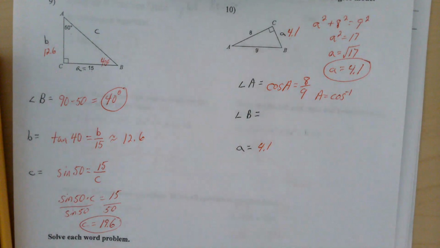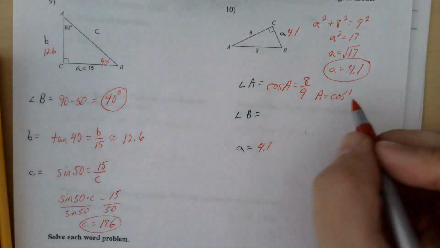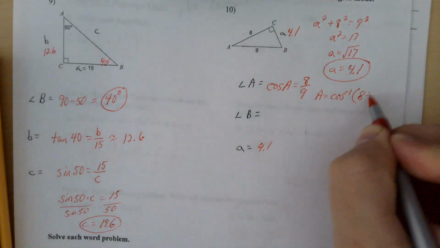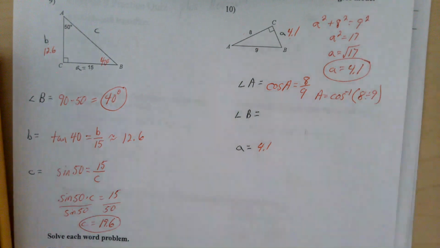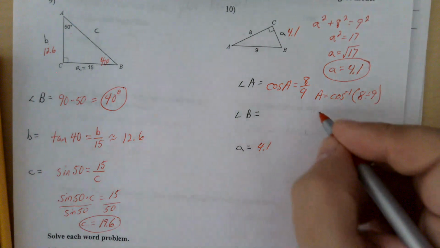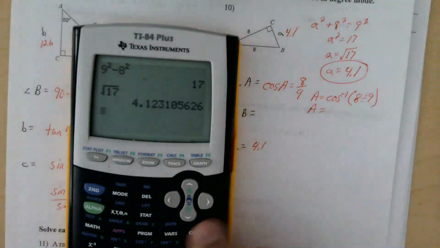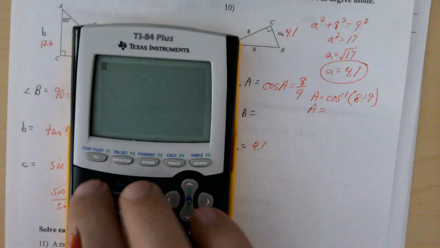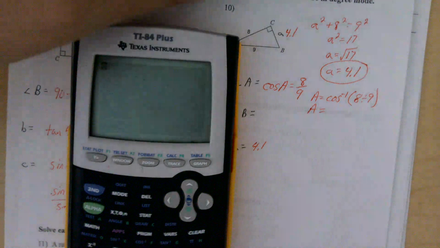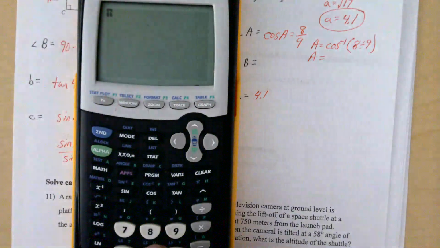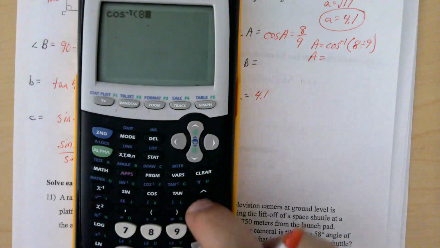Okay, so when we use our calculator, we're going to hit the blue button, then cosine, and it's going to look up that ratio of 8 over 9 and tell us what the angle is. So let me just show you this on the calculator. Second, and then cosine, which is right here, and it's 8 divided by 9.